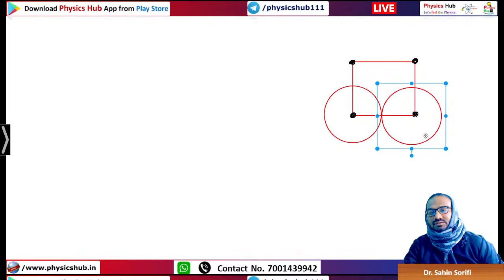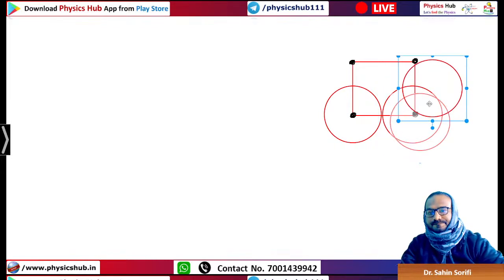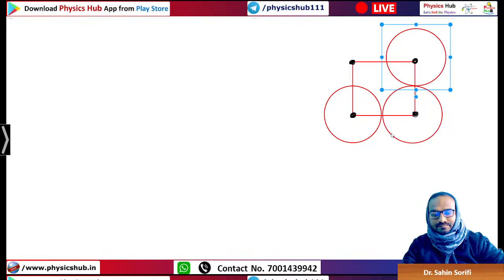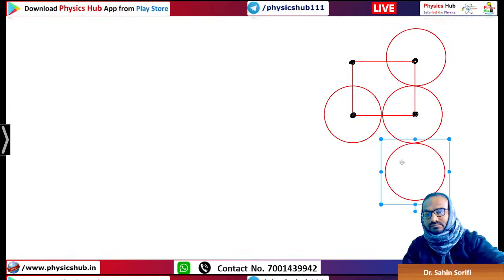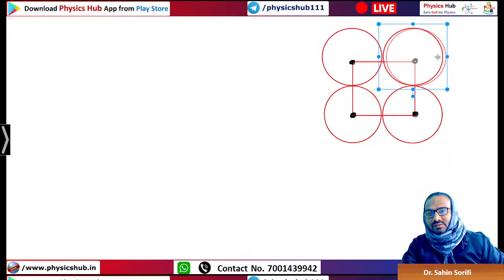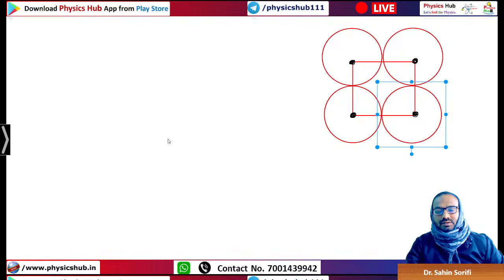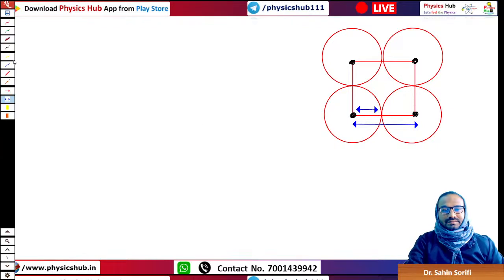It is difficult to draw exactly, but you try to understand what is actually happening. The atoms are touching each other in this way. In the drawing I am not able to make it perfect, but you understand they are touching each other. So this separation is 2r and this separation is r.